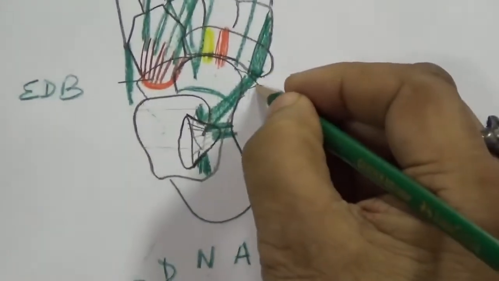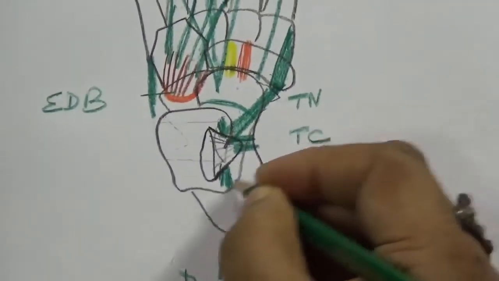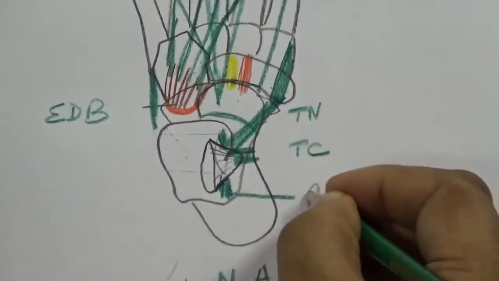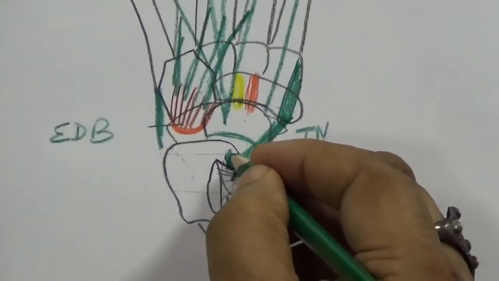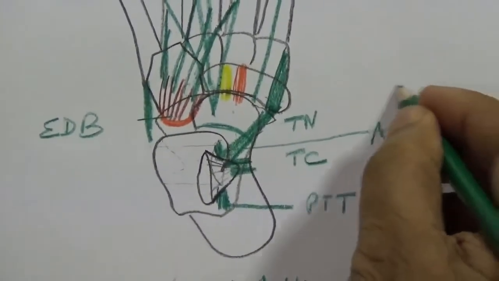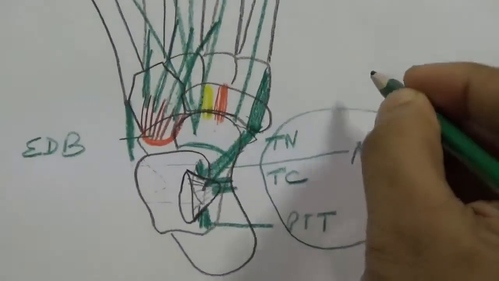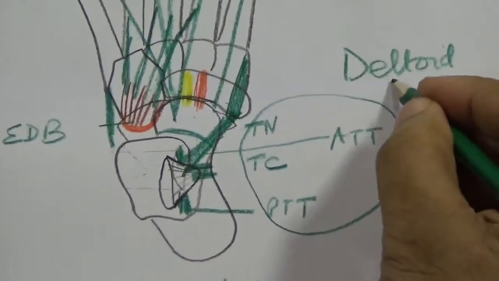So you have the tibio-navicular, tibio-calcaneal, posterior tibiotalar, and finally anterior tibiotalar, and this all forms the deltoid ligament.